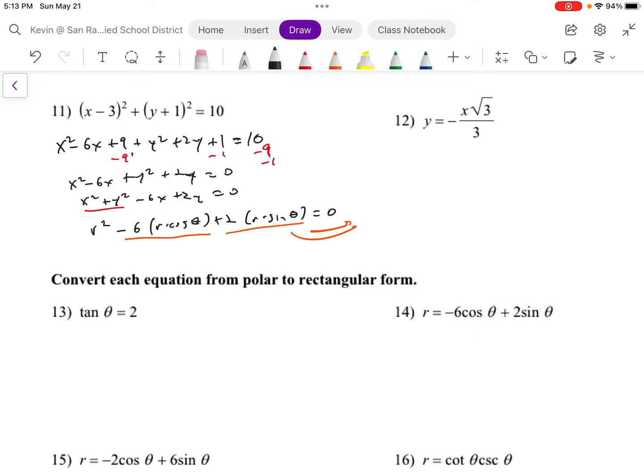So I'll rewrite this equation. It's going to be r squared equals 6r cosine theta minus 2r sine theta. Come in here, divide everything by r, and it leaves my answer with r equals 6 cosine theta minus 2 sine theta.